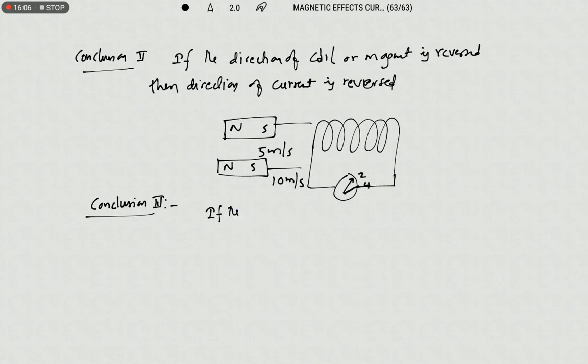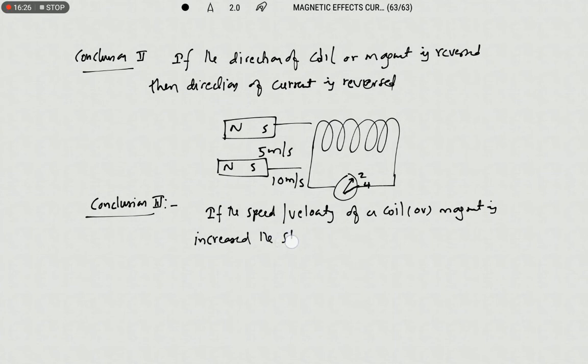If the speed or velocity of a coil or magnet is increased, the strength of the induced current also increases.